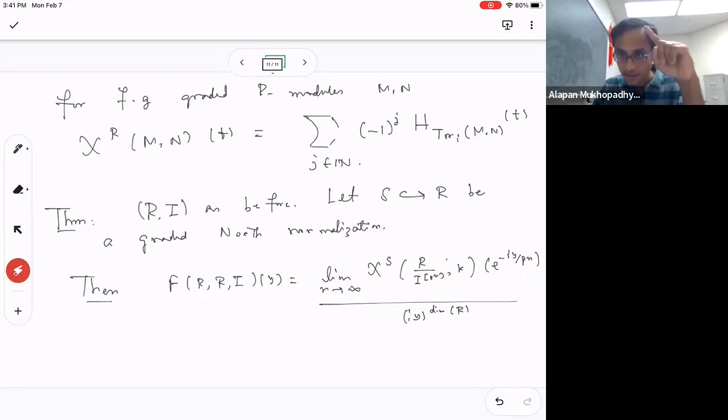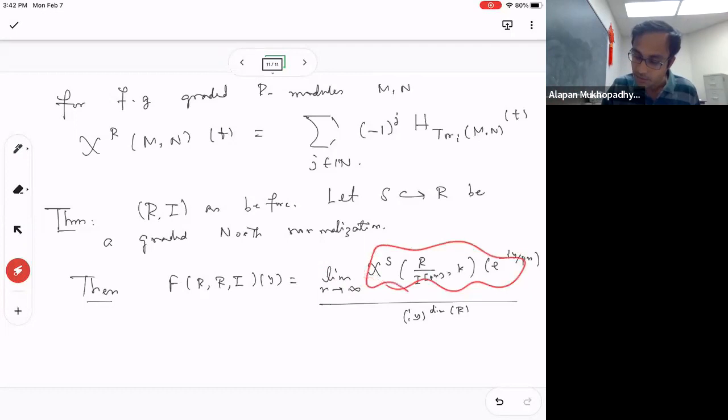And the second thing, it's saying that this sequence of functions is actually converging, and the limiting function is holomorphic. That is a consequence of the main theorem I stated at the beginning, which says Frobenius-Poincaré functions actually exist. So I was saying that this can be described by the graded Betti numbers of R mod I power bracket p power n.